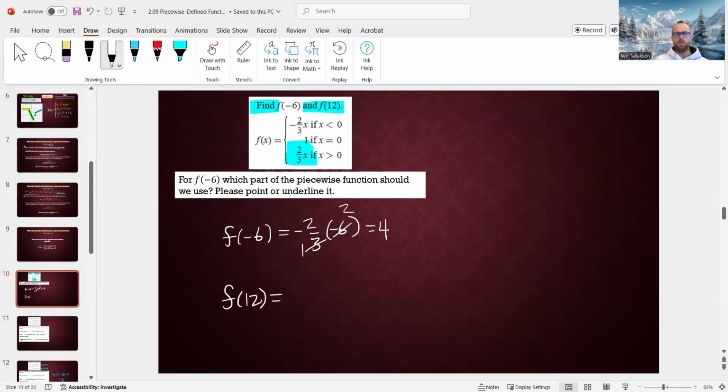There we go. 2/3 times 12. 3 goes into 3 once, 12 4 times, we get 8. Okay, don't forget, you have to look at the rule before anything else.